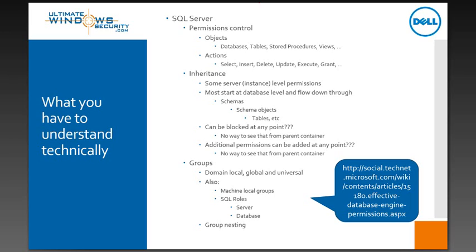And the way the inheritance works is there are some server level, or we should really use the term instance, SQL instance level permissions, but most permissions start at the database level and flow down through schemas to finally your schema objects, which the main one is tables.